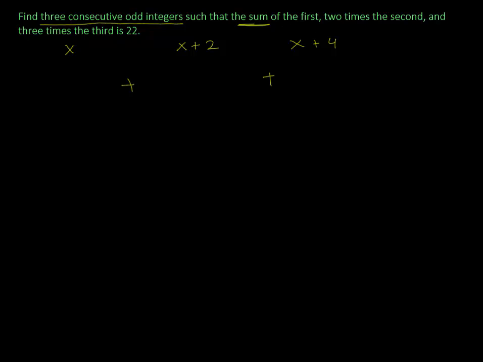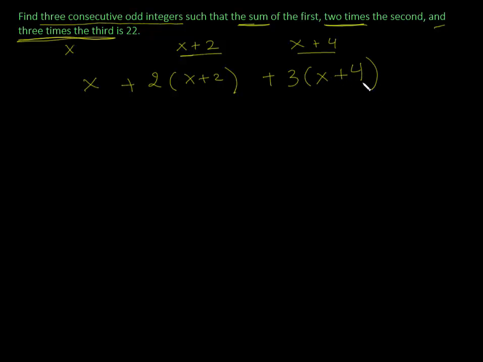The sum of the first, which is just x, 2 times the second, so 2 times x plus 2, and 3 times the third, so our third number is x plus 4, 3 times x plus 4 is, and is always means equals, 22. So we have one equation, we solve for x, and then we can find the 3 consecutive odd integers.